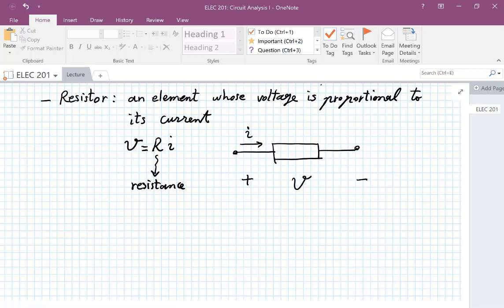Like I said, a current is a quantity that can be positive or negative. What this means, this is a convention. It means that if I do everything and solve my circuit and get a value for this current I, if that value is positive, the current is in this direction. If the value is negative, it's actually in the other direction.